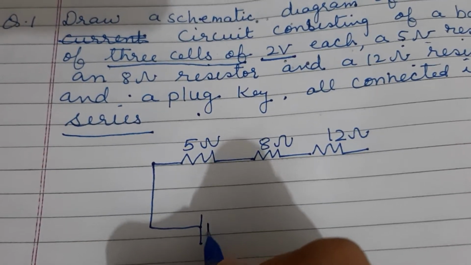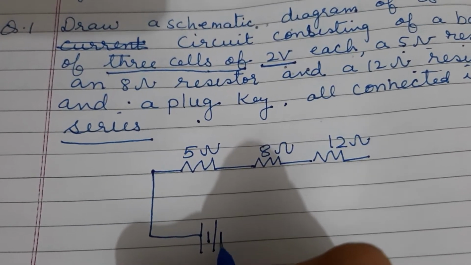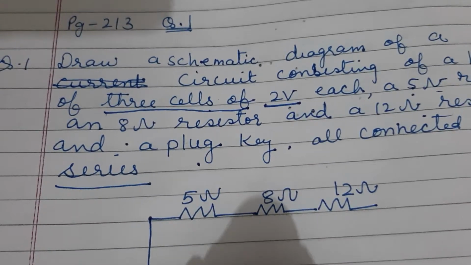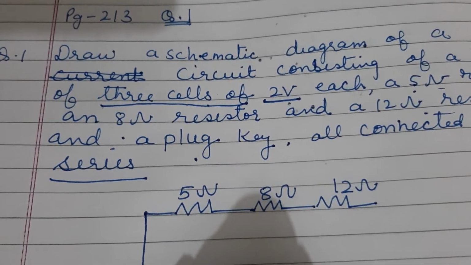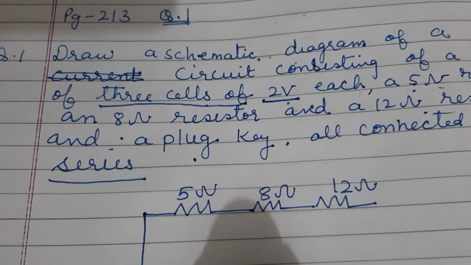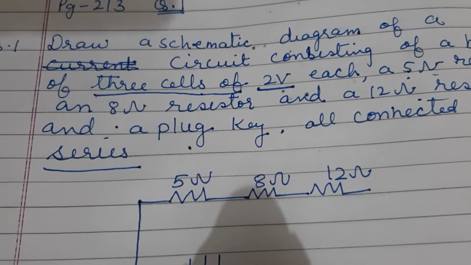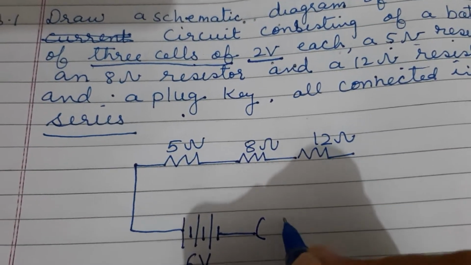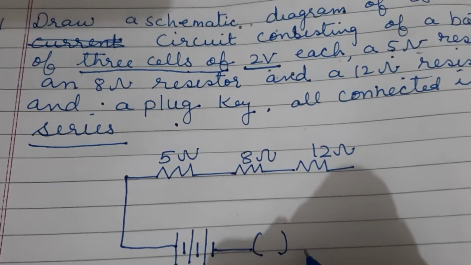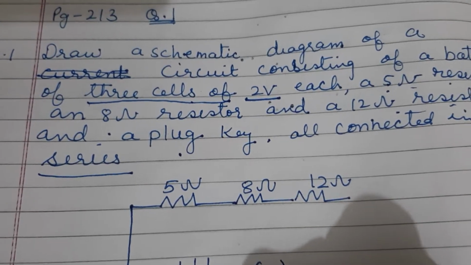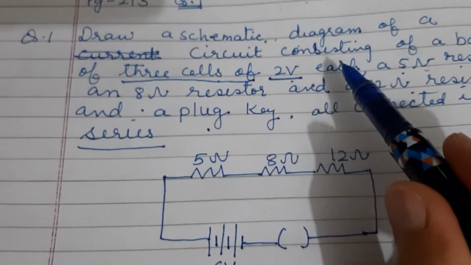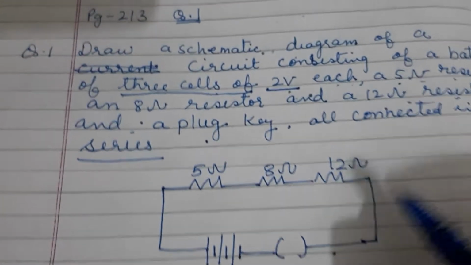So this is the first cell, this is the second cell, and this is the third cell. One cell value is 2 volt, so with 3 cells the total potential difference will be 6 volt, and we have to attach a plug key over here. So this is the schematic diagram related to this question.